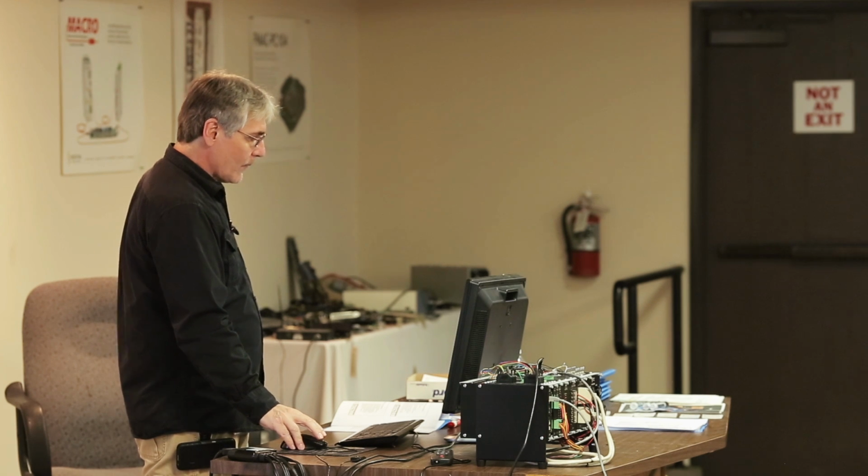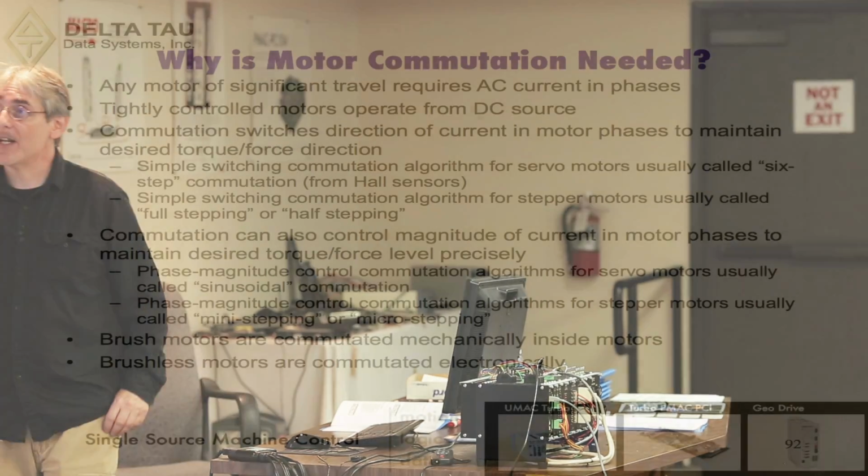Brush motors are commutated mechanically inside the motor, so there are brushes in there that are switching back and forth between the phases or the windings inside the DC motor. And brushless motors are commutated electronically, and this is what we're going to talk about in how Power PMAC does this.